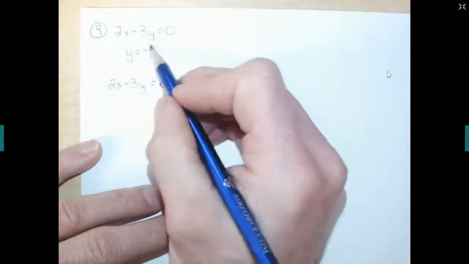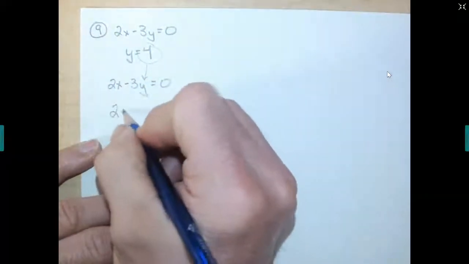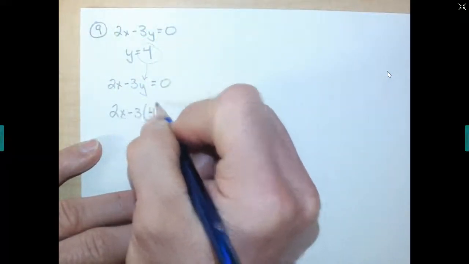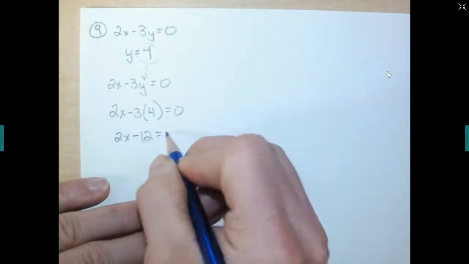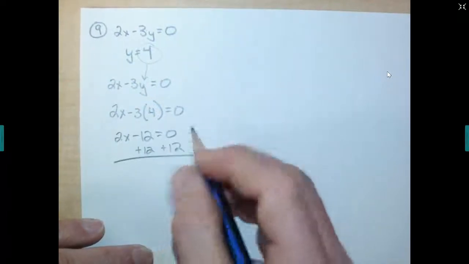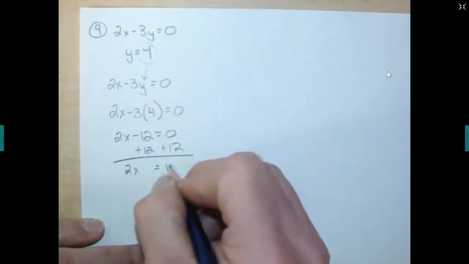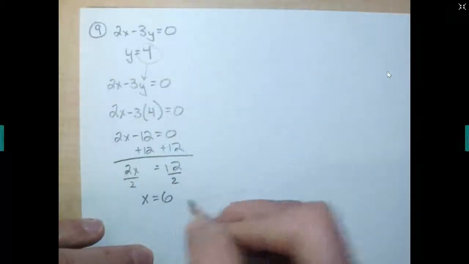And I just plug this in wherever there's a y. 2x minus 3 times 4 equals 0. 2x minus 12 equals 0. Add 12 to both sides, and I get 2x equals 12. Divide by 2, x equals 6.